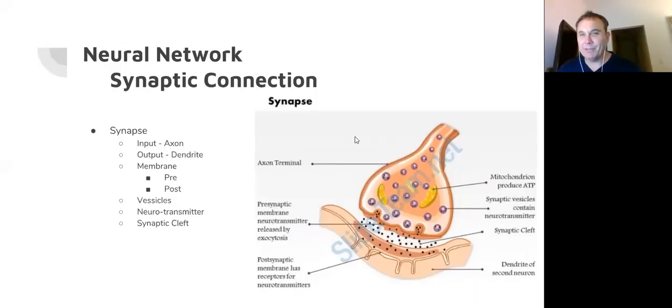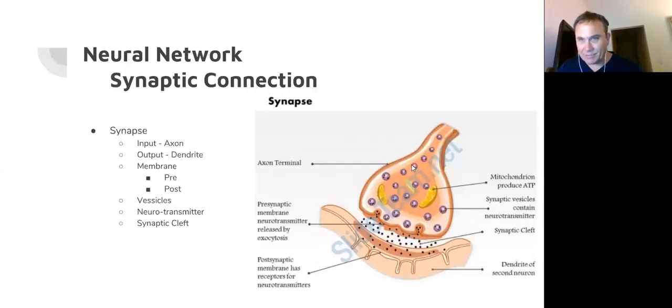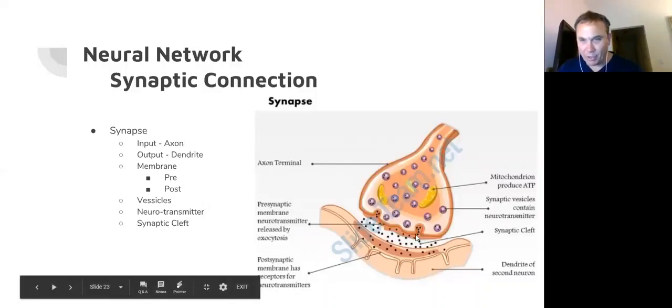You have the different chemicals, and neurotransmitters is what they're called. They're all filled in here. And as the electrons come along and stimulate this, they go to the opening and dump out their chemicals into this opening, and then that stimulates the dendrite.